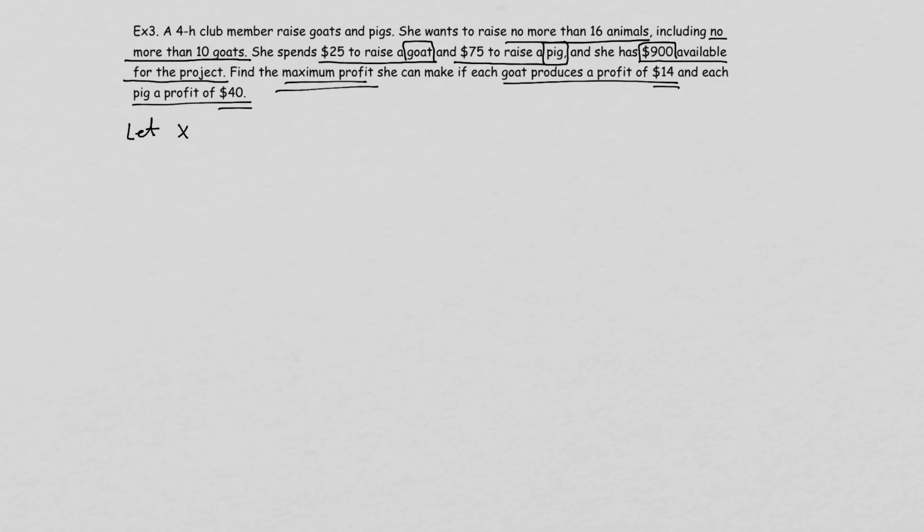So I'm going to say X is going to be the number of goats. And then Y will be the number of pigs. Because we need to know how many goats and how many pigs we're going to have for maximum profit, right?